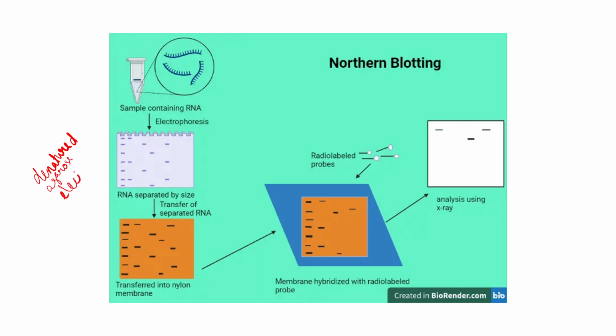So we use denatured agarose to denature the mRNA secondary structure, so that it can actually get separated based on the size. If the secondary structures of mRNA are present, they will run to the very end of the agarose gel, and we will not be able to see separate bands for each mRNA.